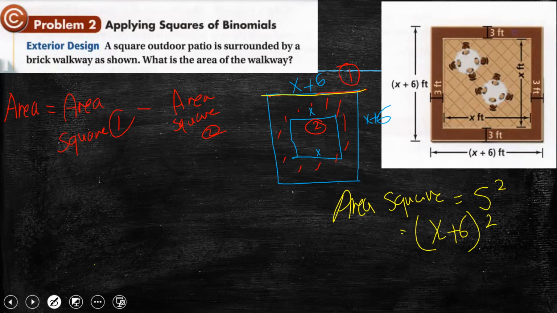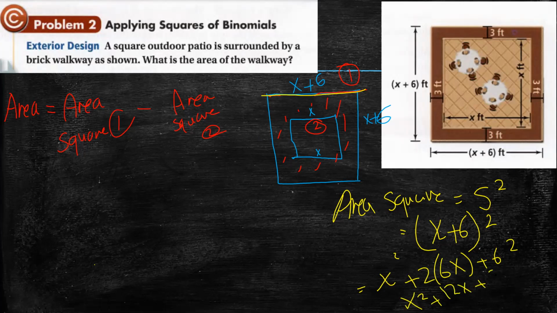Now, how can I find (x plus 6) squared? Is there any rule? We will make x squared plus 2 times x multiplied by 6 plus 6 squared. So the area of the larger square is x squared plus 12x plus 36.